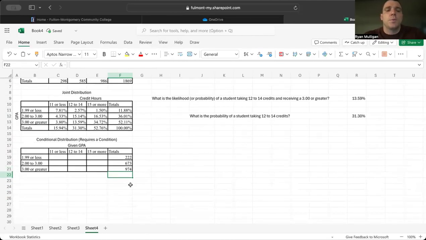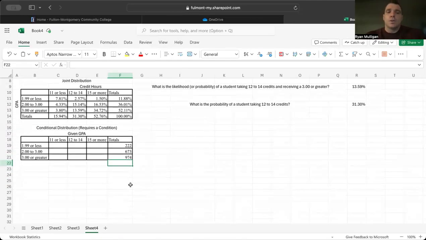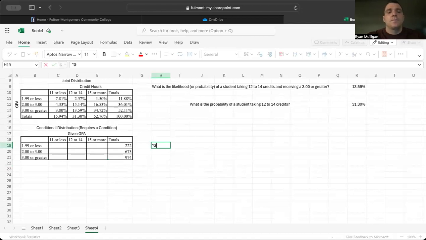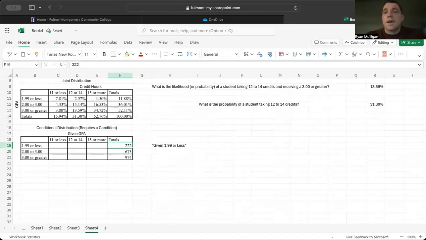these row variables. Notice that I included the right totals because if I know that I am looking at given 1.99 or less, I know I'm dividing by 222 because there's 222 students who received a GPA of 1.99 or less.